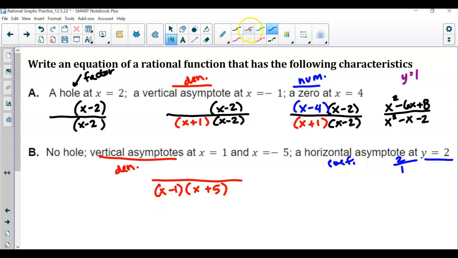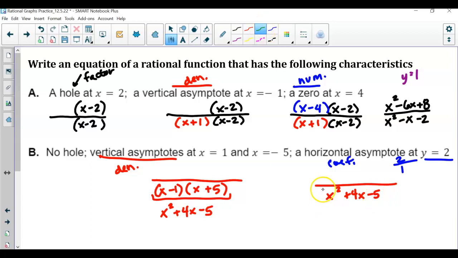So going back to our denominator, if I did the box method, this would be x squared plus 4x minus 5. So in our denominator, I have x squared plus 4x minus 5, which means I already have a coefficient of 1, so what do I need a coefficient of in my numerator? 2x squared.